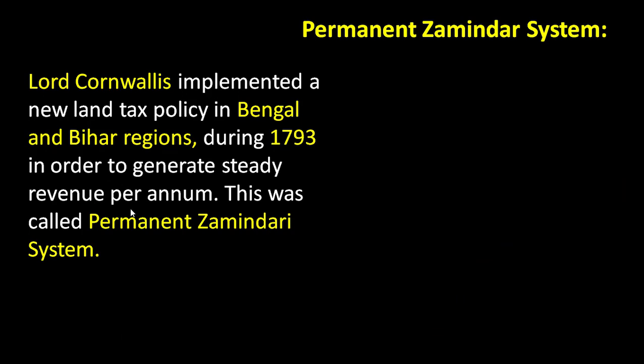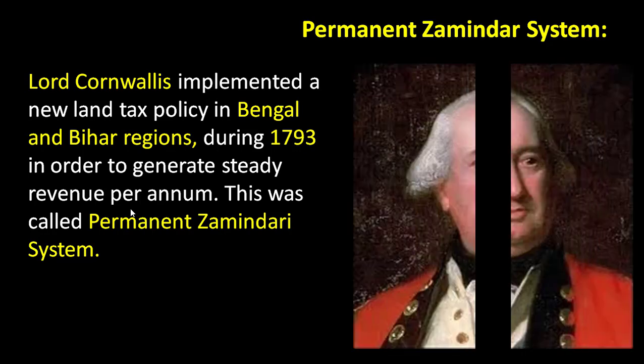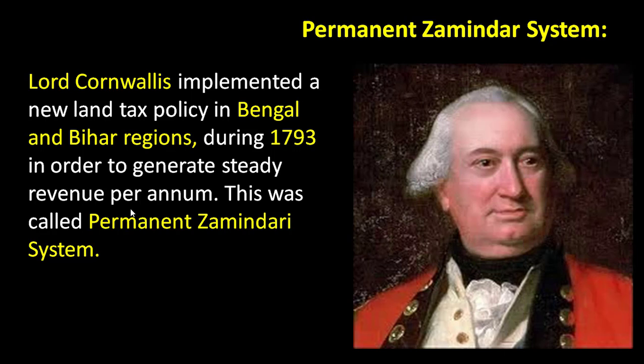Among that, the first one is called the Permanent Zamindari System. The Permanent Zamindari System was implemented by Lord Cornwallis, a new land tax policy in the Bengal and Bihar regions during 1793, in order to generate steady revenue per annum.